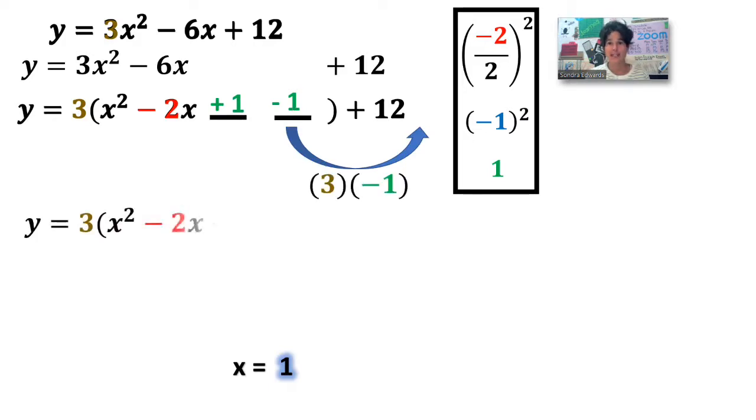So notice as I rewrite this, I have the 3, but I only have x squared minus 2x plus 1 inside of parentheses. That negative 1, that minus 1 is no longer there. I still have plus 12, but moving that negative 1 out to the side, it is now minus 3.